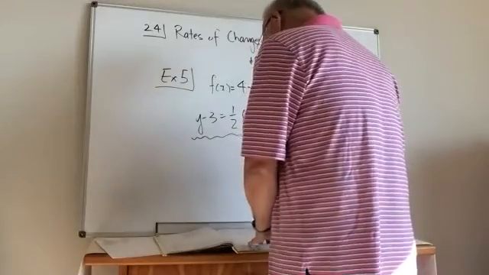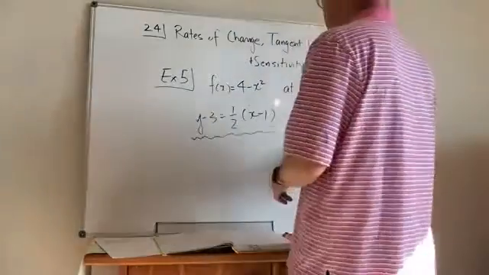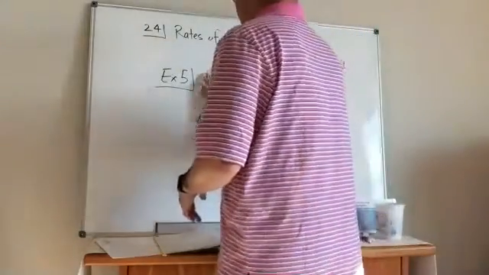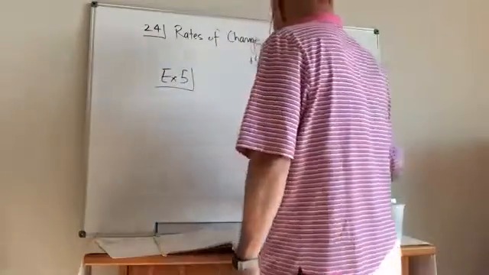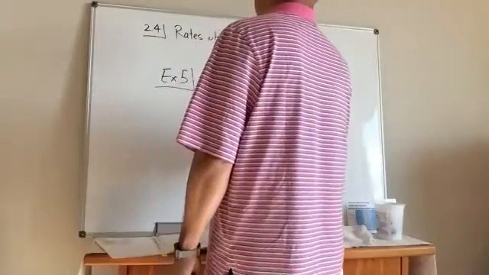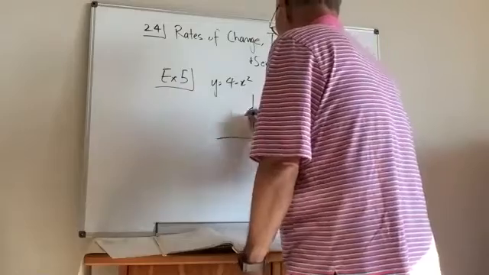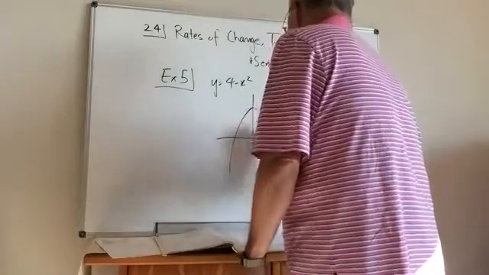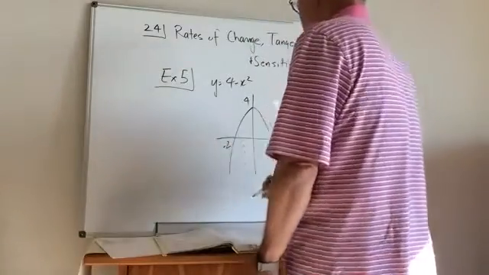All right, so let's go ahead and look at this graphically and see what we're doing here, okay? So graphically, if I were to graph y is equal to 4 minus x squared, you're going to have 4, 2, and negative 2, right?